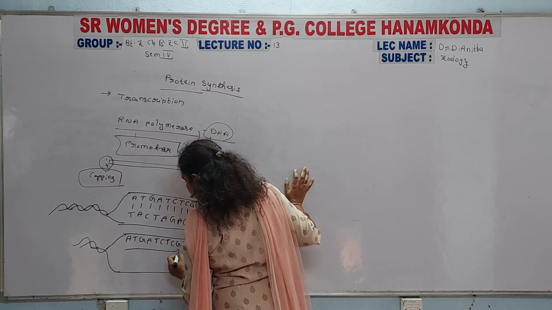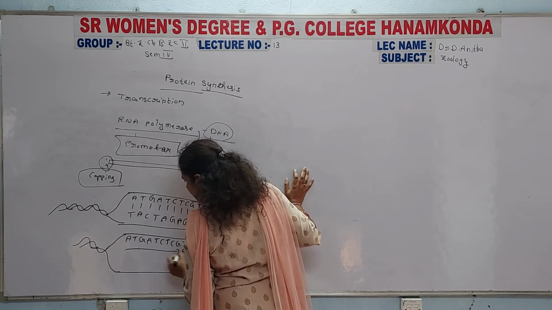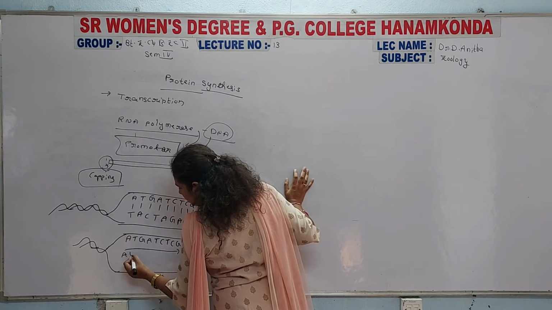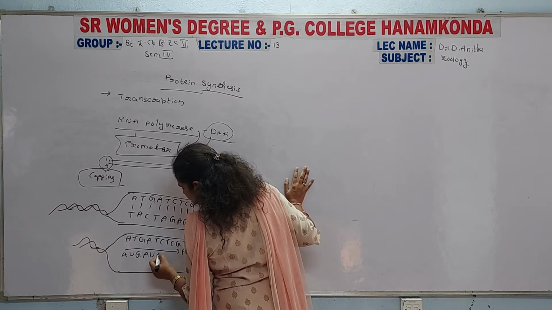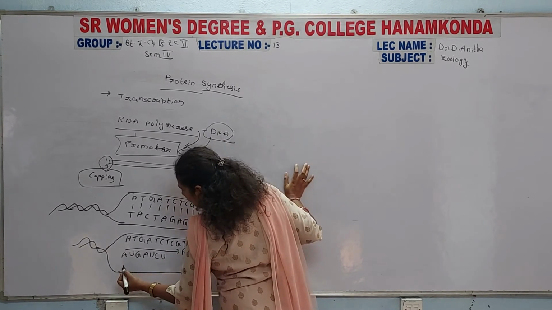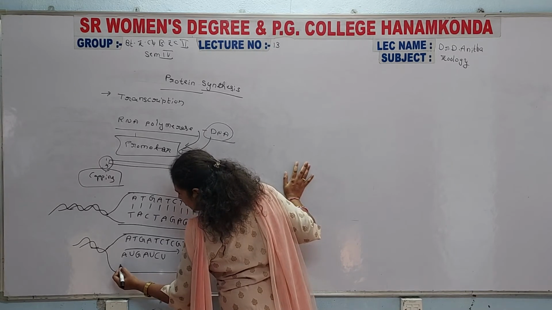In RNA the changes are there, that is adenine and uracil, guanine, adenine and uracil, and uracil. In this way the changes take place compared to what is present inside the DNA. See here.